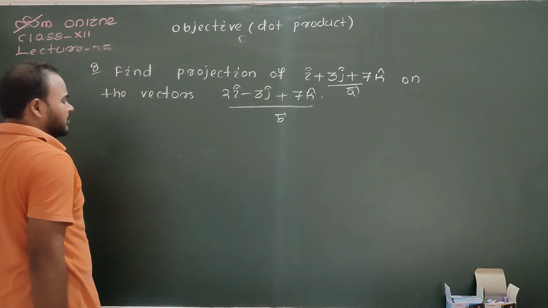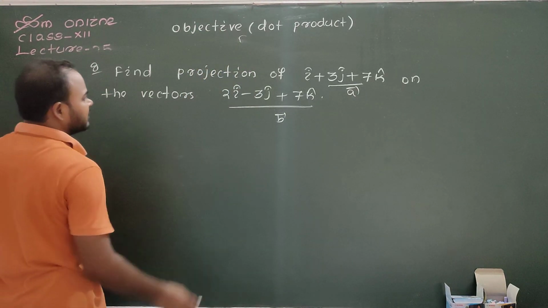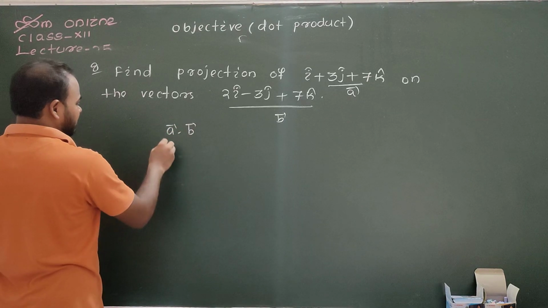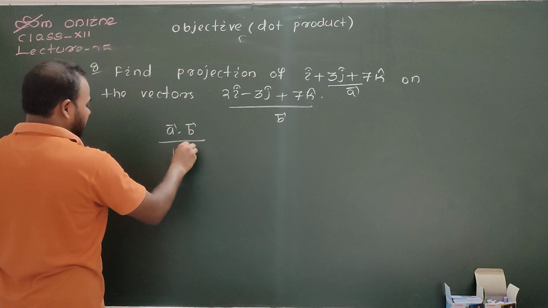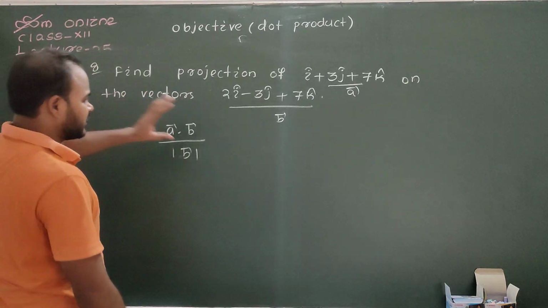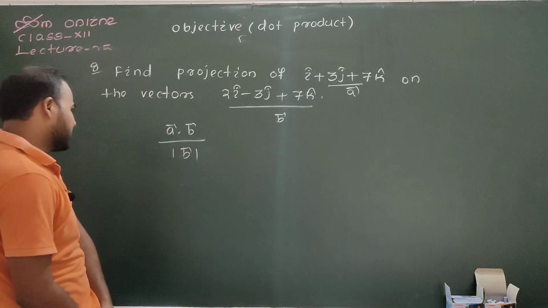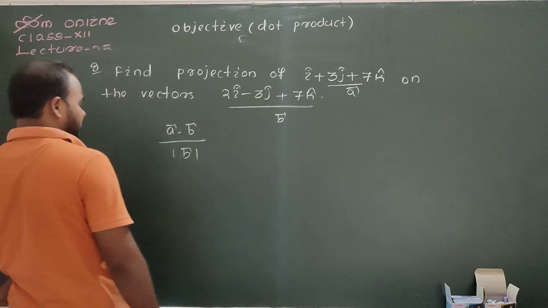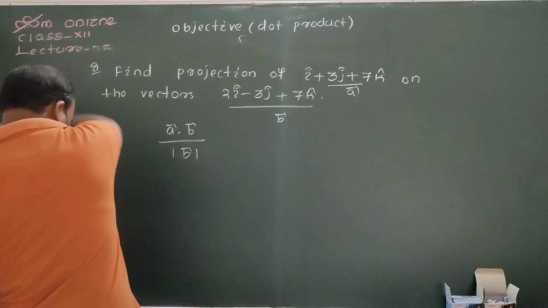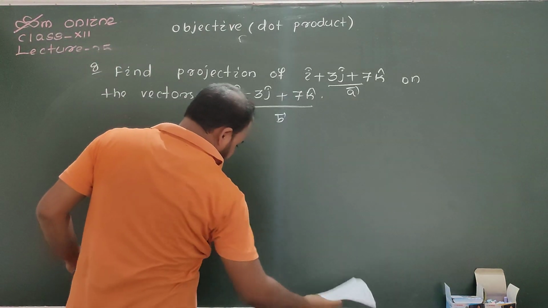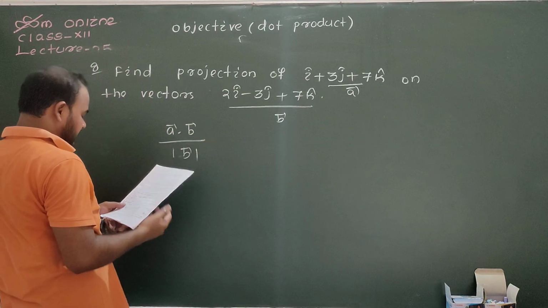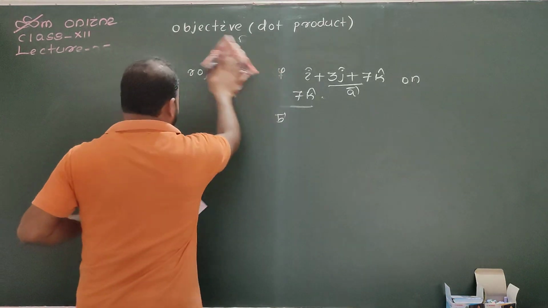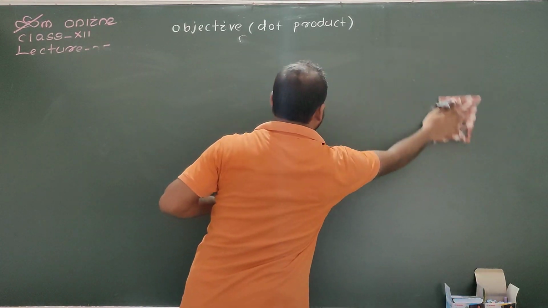It will be vector A dot vector B upon magnitude of vector B. Vector A on vector B, that is vector A dot vector B upon magnitude of vector B. Now move to question number 9. Put the values in the formula and you will get the answer.